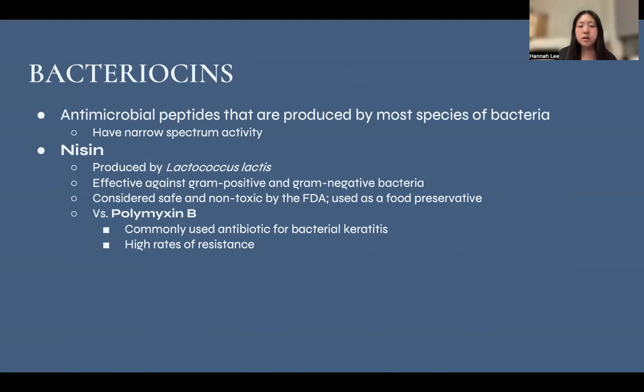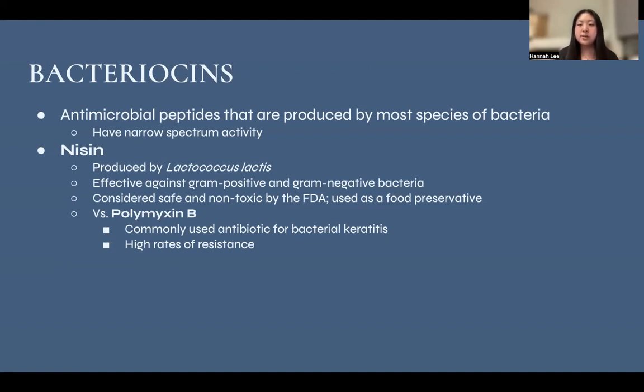One novel alternative to antibiotics is bacteriocins, which are defined as antimicrobial peptides that are produced by most species of bacteria. Compared to antibiotics, these bacteriocins have a narrow spectrum activity, so they kill specific strains rather than wiping out an entire microbiome.